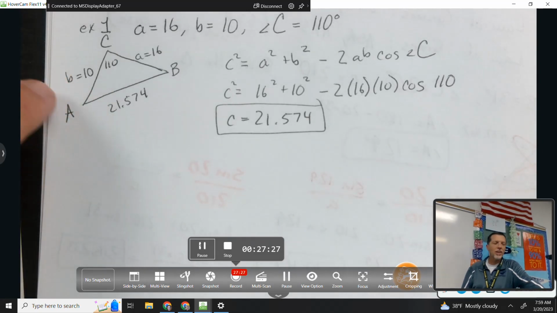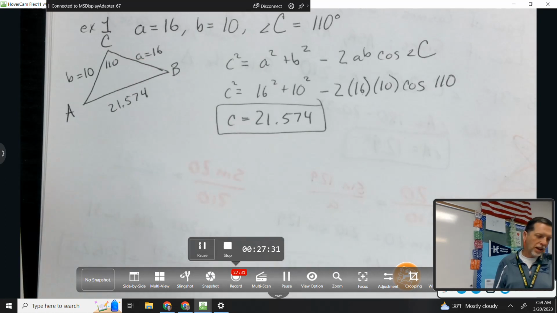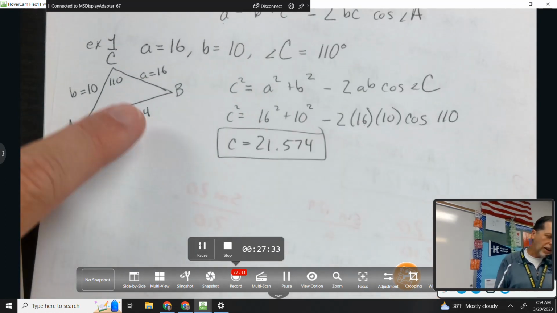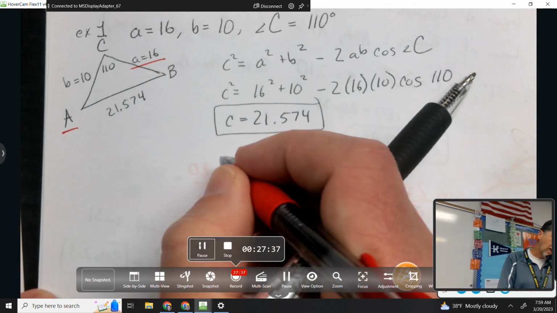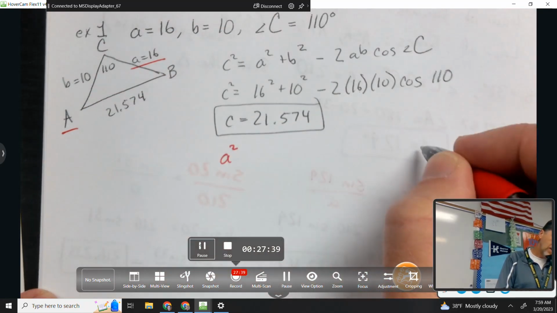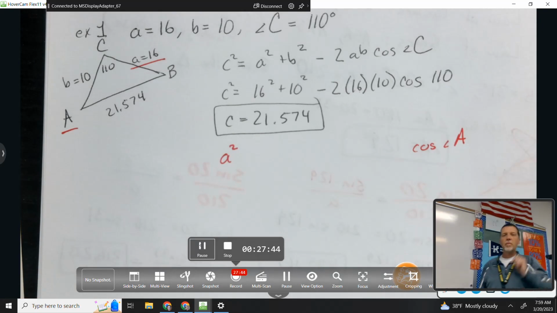So that means I need to write another law of cosines for either A or B. I guess we'll do A. Now, I know side A. I'm looking for angle A. So I'm going to put those two in first.